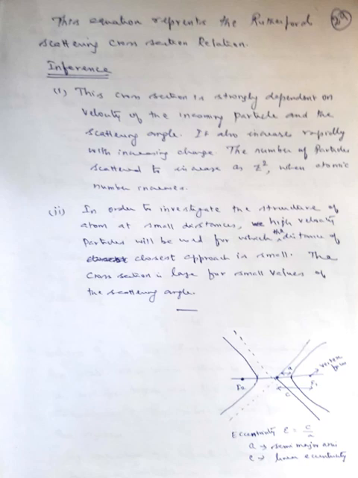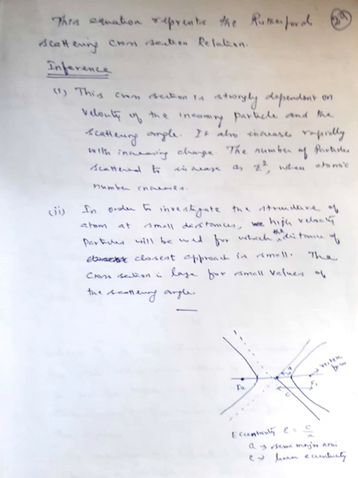Therefore, with high energy or high velocity particles the distance of closest approach will be small, so we will get the scattering angle very easily, and also easily find out the structure of the atom for small distances. The cross section is large for small values of the scattering angle. We already know these things.